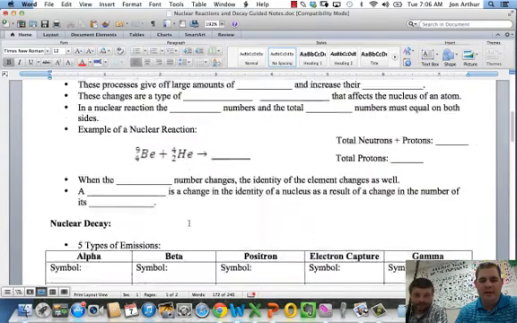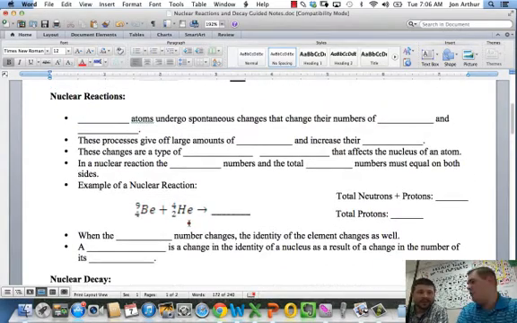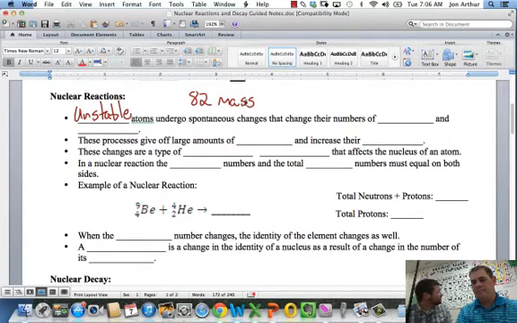I'm going to move this down, Coach Forster, to the next section on nuclear reactions. In a nuclear reaction, you have to have an unstable atom, and these are usually very large atoms. Most of the time, these are atoms above number 82, and number 82 is lead.